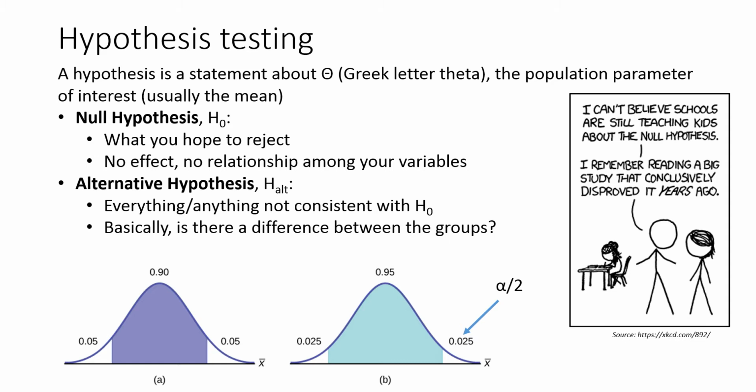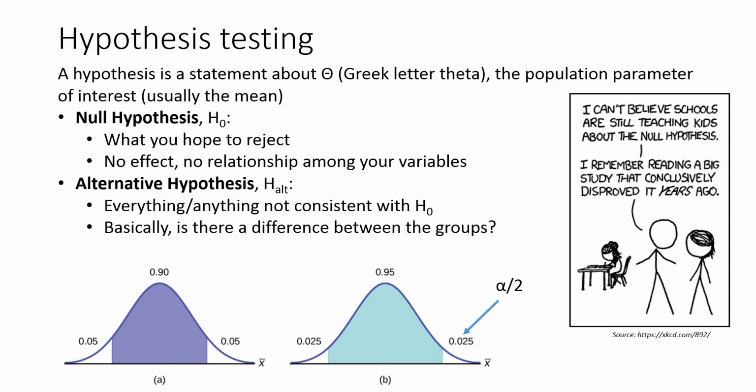Basically, your null hypothesis is that you're expecting no effect and no relationship amongst your variables. You can have multiple alternative hypotheses, which are basically what's not consistent with our null hypothesis, and you're asking, is there a difference between our groups?